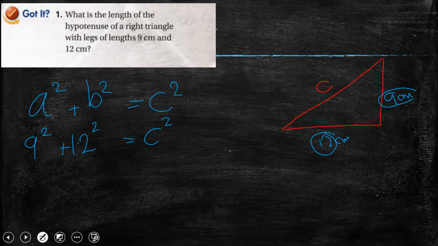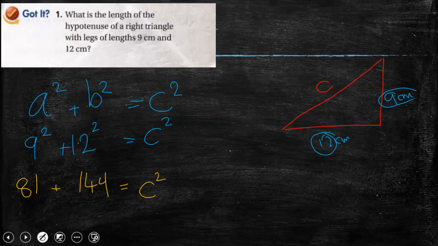Now, 9 squared is 81, 12 squared is 144. Let's add them now. 4 plus 1 is 5. 8 plus 4 is 12. So it is 225, equal C squared.